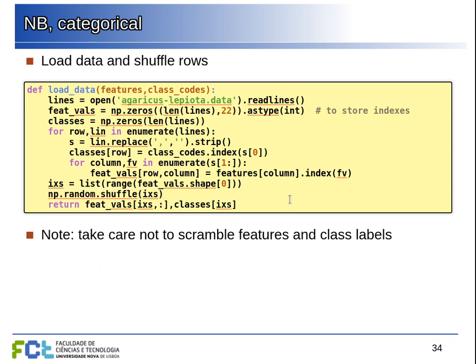Because if you shuffle the features and then you shuffle the classes in two independent steps, you will not have the correct class labels for the corresponding examples. So one possibility here is to shuffle a set of indexes and then use the same set of indexes for the features and for the classes. So this would be one way of parsing the data and creating the matrix with the features and the classes.